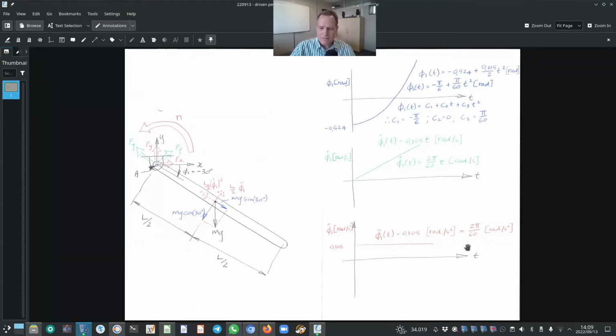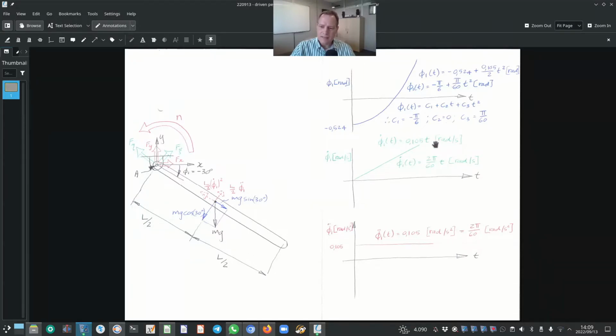So by integrating this expression, we get the expression for the angular velocity, and the accurate expression is 2 pi over 60 times t radians per second, which is approximately equal to 0,105 times t radians per second.